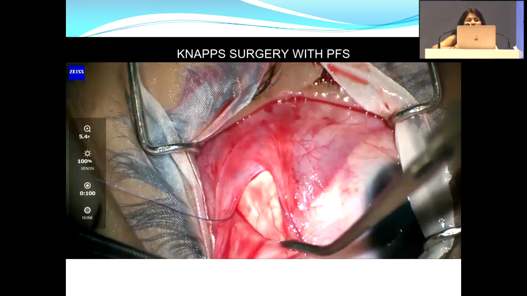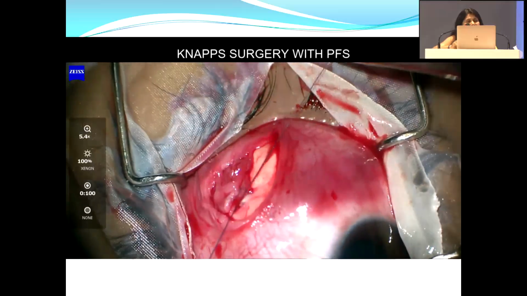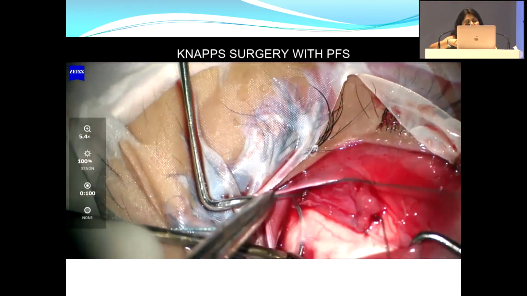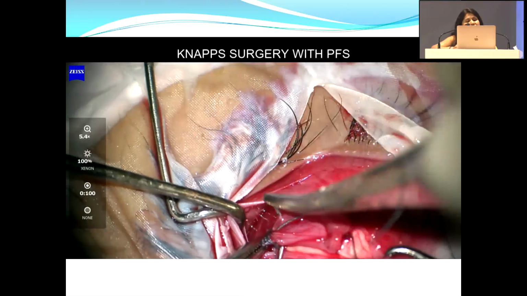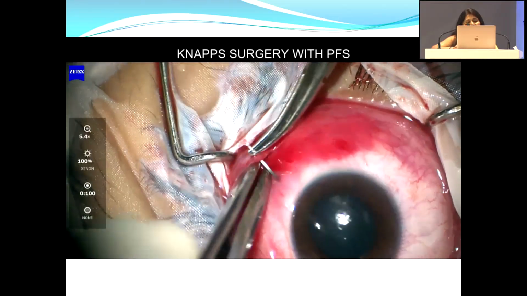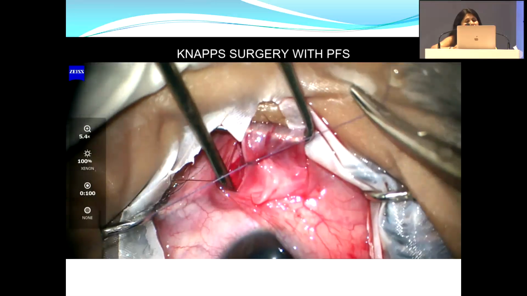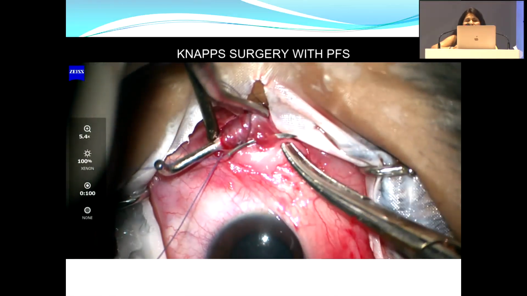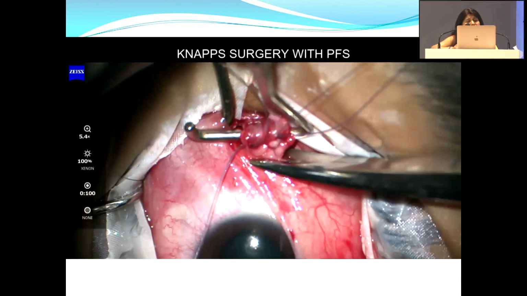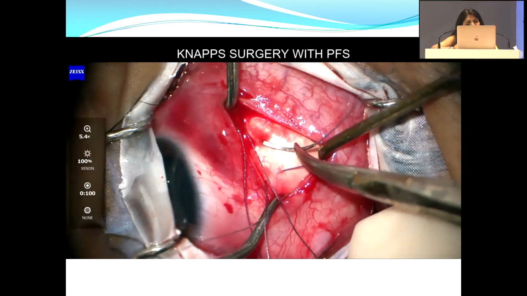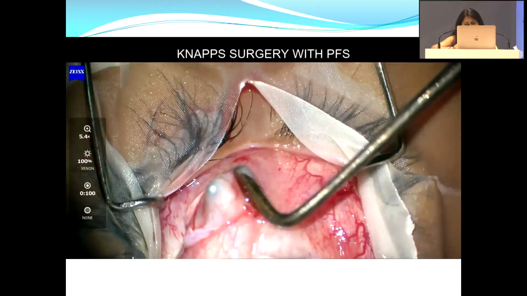The idea is to do a good dissection and cut the intermuscular septum nicely so that we can pull the muscle towards the superior rectus. In this case, we have augmented the NAPS transposition with a posterior fixation suture to enhance the effect of the transposition. The same thing can be done with the other horizontal rectus.